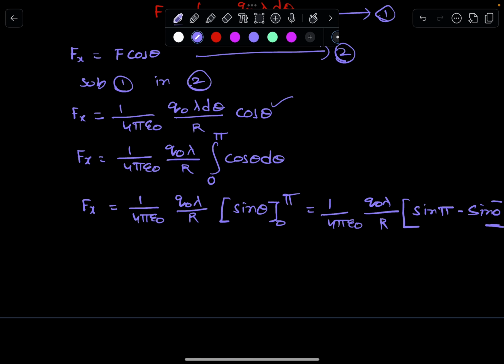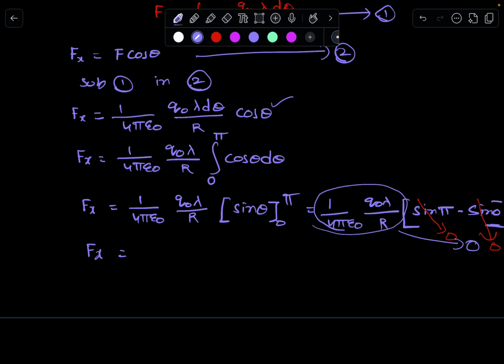As we know, sin pi value is 0 and sin 0 value is also 0, so the force along the x-axis will be this much into 0. Therefore along the x-axis the force component will be 0. Okay, I hope you understand.